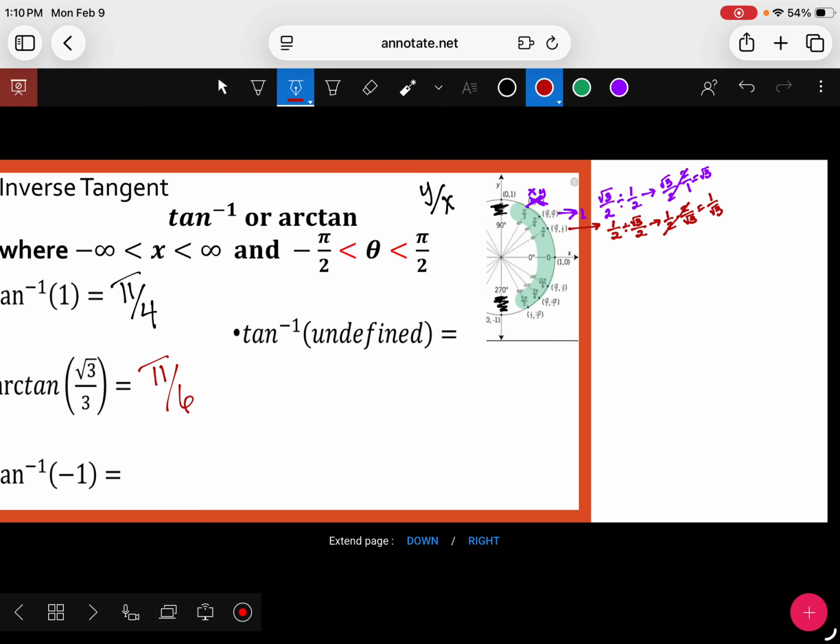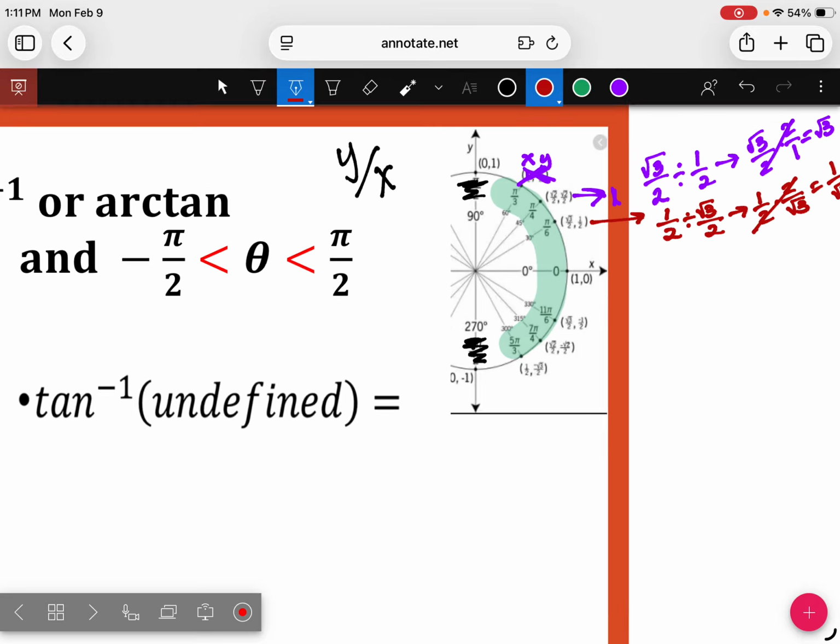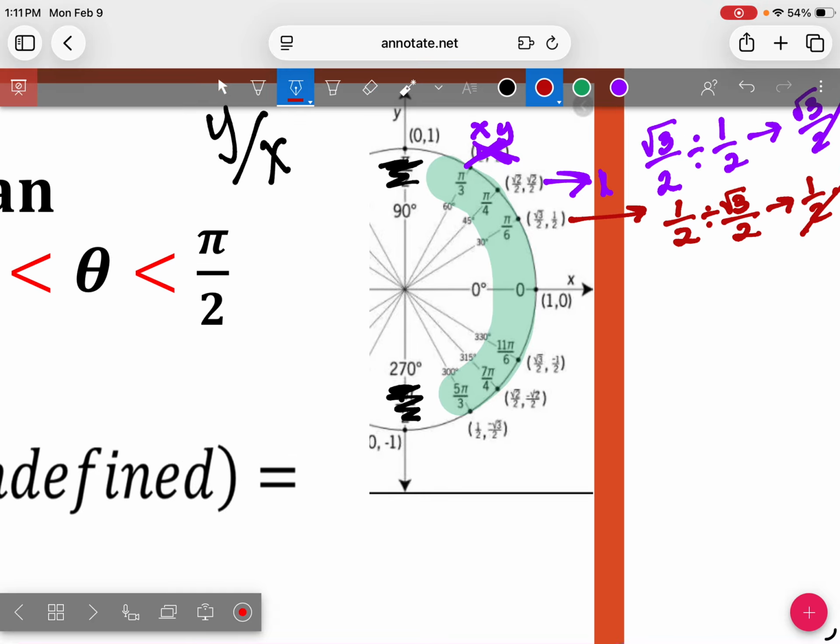Okay, lastly, what angle has a tangent of negative 1? Positive 1 and negative 1, tangent and cotangent, those should be easy. What would you write? Could I say 7 pi over 4? No, cannot. Because remember, if you look at your graph, it's between negative pi over 2 and positive pi over 2.